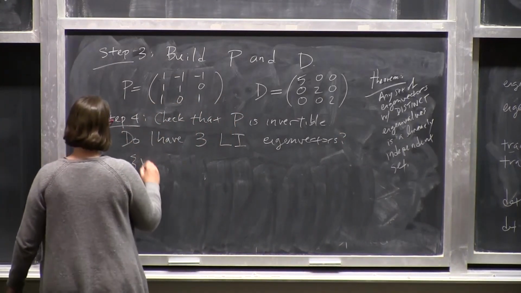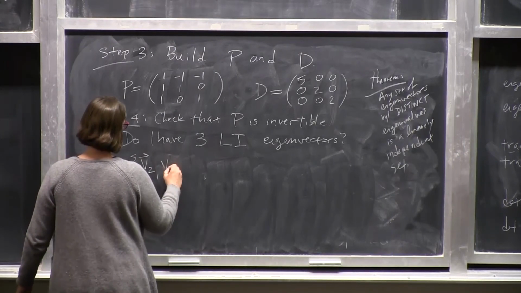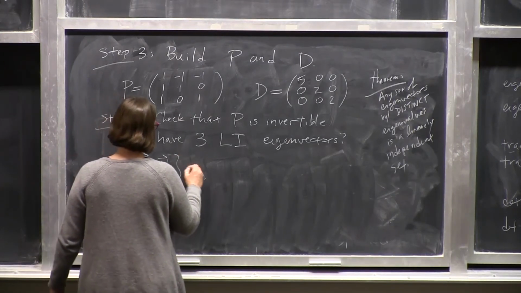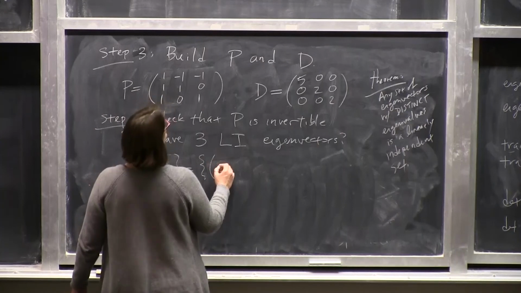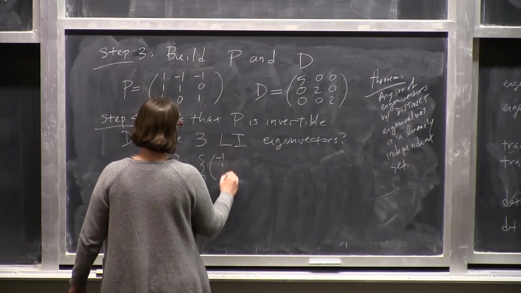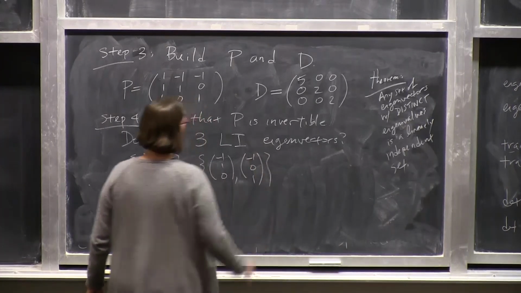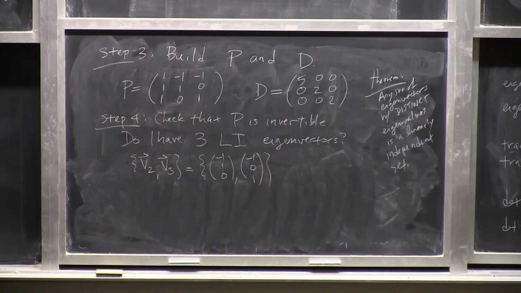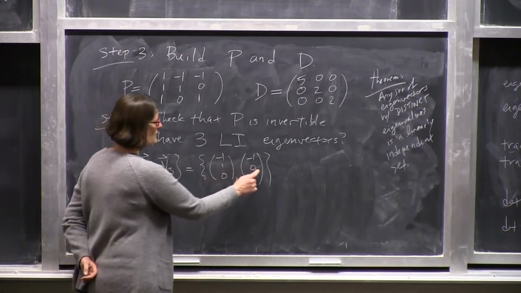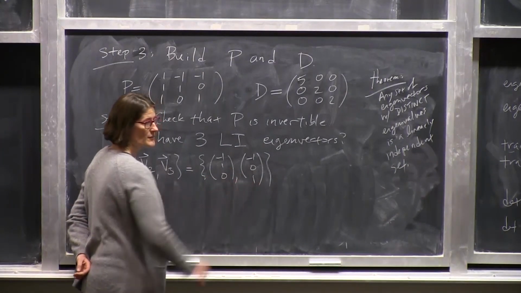First of all, I have v2, v3, which came from the general solution of a homogeneous problem. Are they linearly independent? Yes, because the 1s and 0s conspire beautifully.